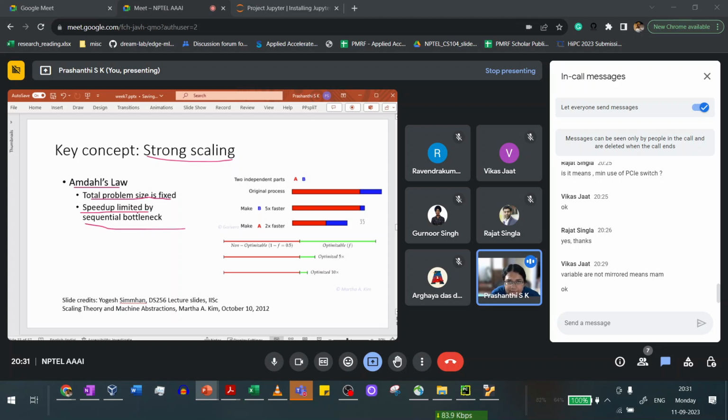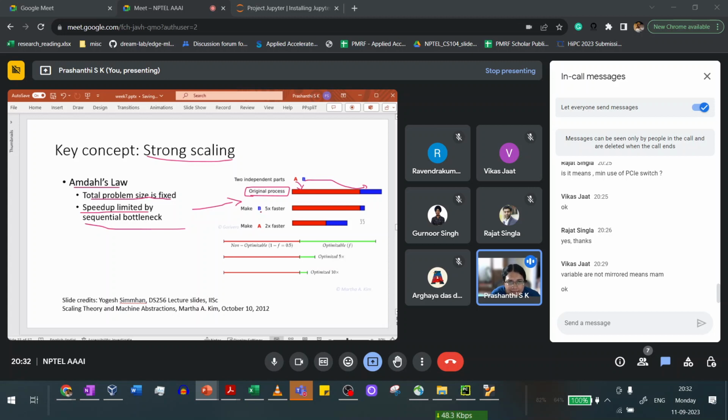What do I mean when I say this? Let's look at this picture on the right, that will help you understand. This is the process that we are trying to speed up by parallelizing it or by distributing it. It has two parts. This is part A, this is part B.